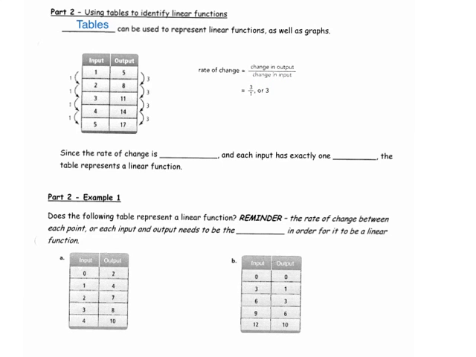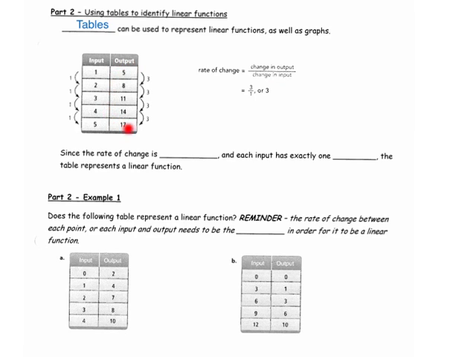In part 2, we talk about using tables to identify linear functions. Tables can be used to represent linear functions as well as graphs, and we must go back to this idea of having a constant rate of change. So we're going to look at the change in the y's, or the outputs, compared to the change in the x's, or the inputs.